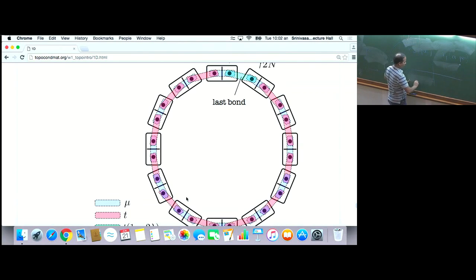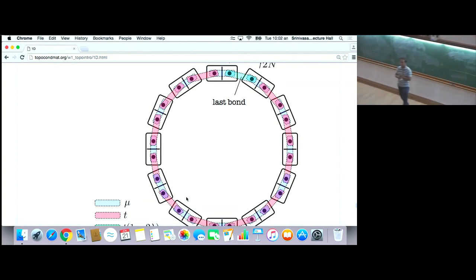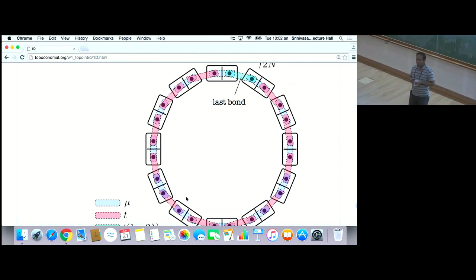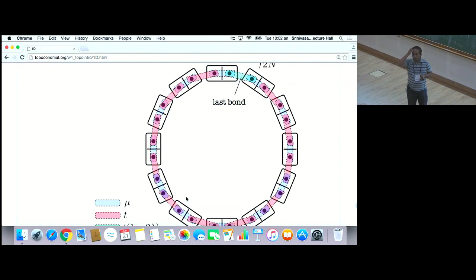So at some point it'll have to flip signs. Right? So this is a subtle but important argument, because this is how we prove the bulk edge correspondence in this case. Any questions?